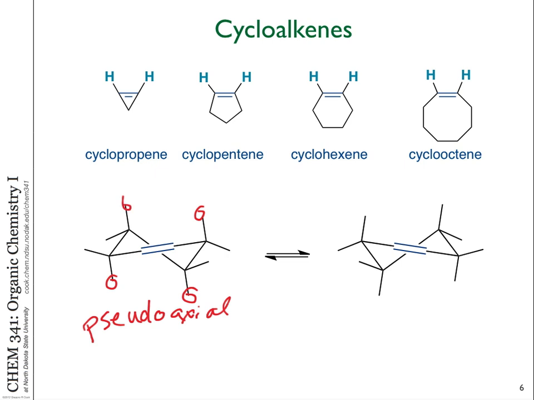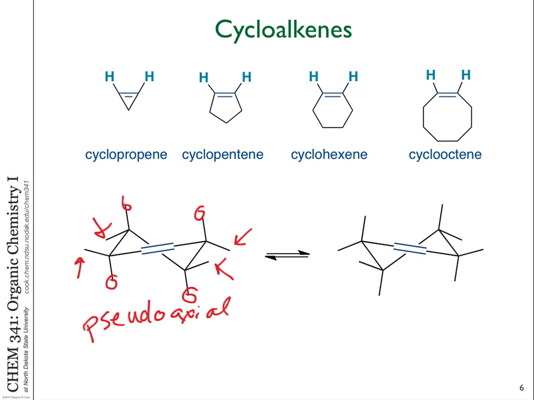And then the other ones would be pseudo-equatorial positions. They have some of the similar aspects of a cyclohexane in terms of the axial or pseudo-axial positions being more crowded than the pseudo-equatorial positions. And so a lot of the things we learned thinking about cyclohexane conformations do still apply in a cyclohexene that has 1 double bond in it.